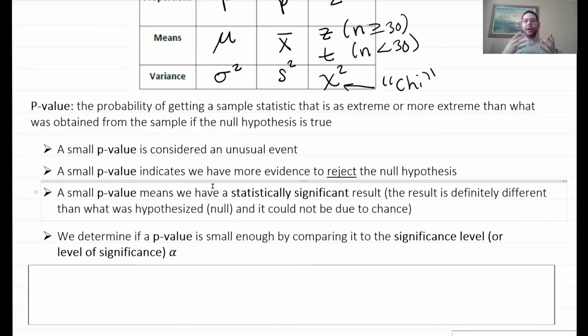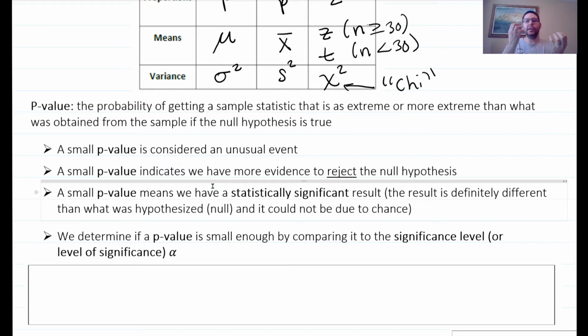So for example, if we're talking about weights, let's say the average weight of an American male is 190 pounds. And you took a sample of 100 Americans, you found the average weight, and you found that the weight was 170 pounds for your sample, right? That 170 pounds is going to help you calculate your test statistic, since that's based off of your sample.